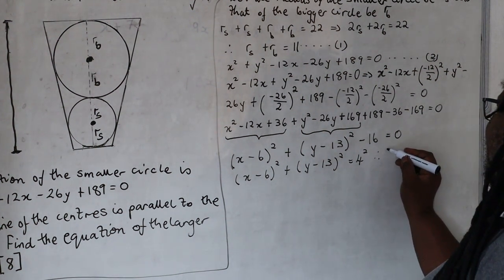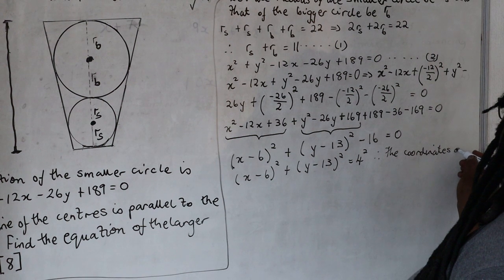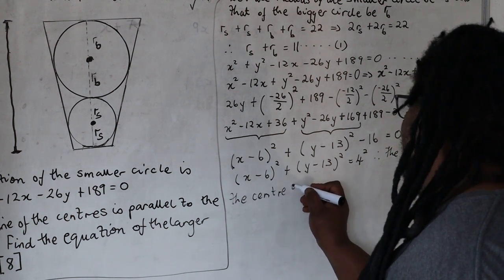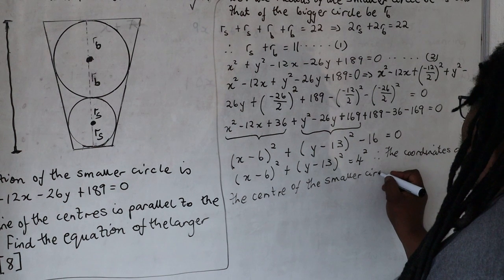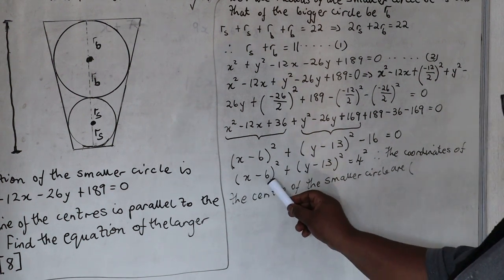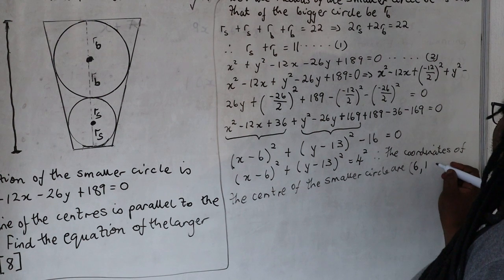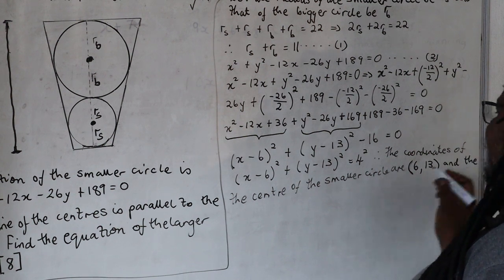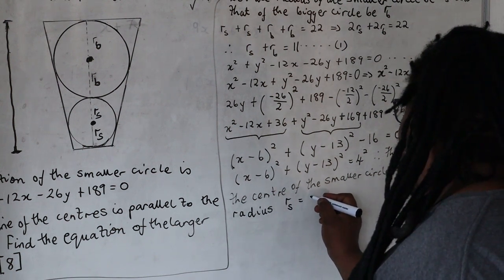And therefore, the coordinates of the center of the smaller circle are the x coordinate is equal to 6 and the y coordinate is equal to 13, and the radius RS is equal to 4.